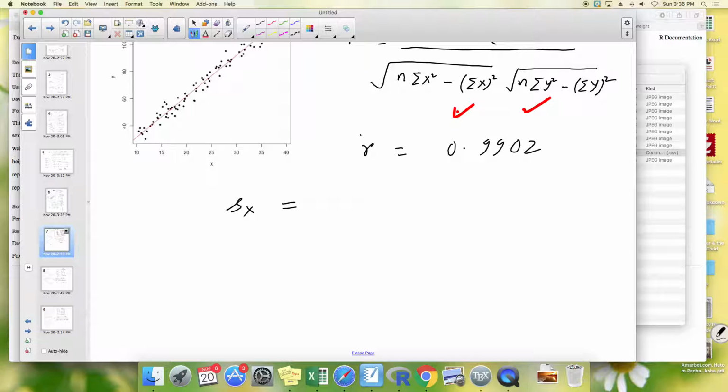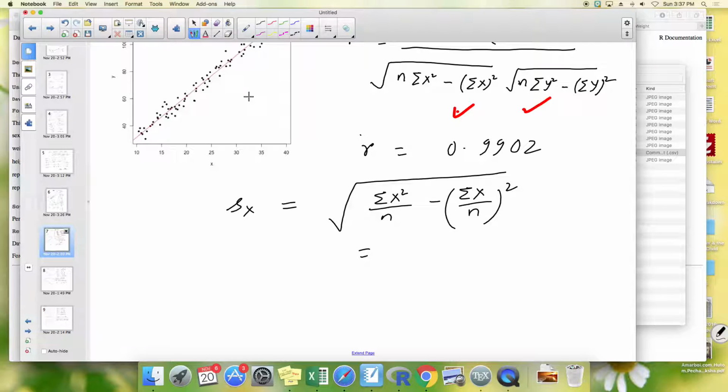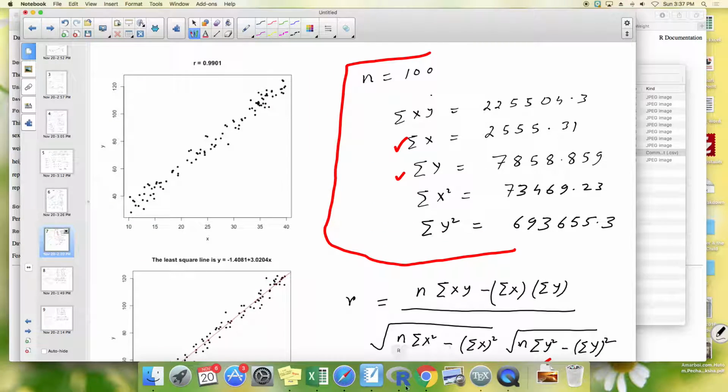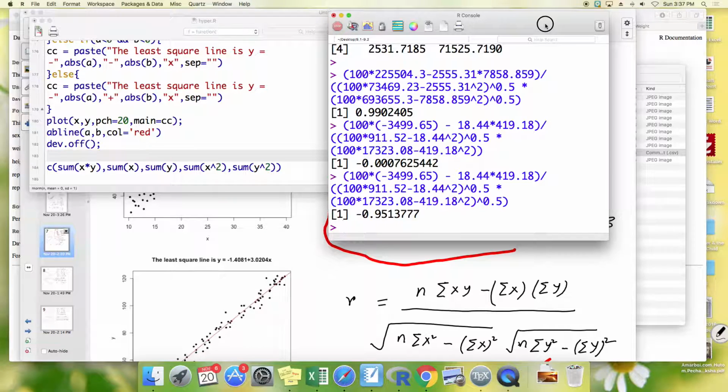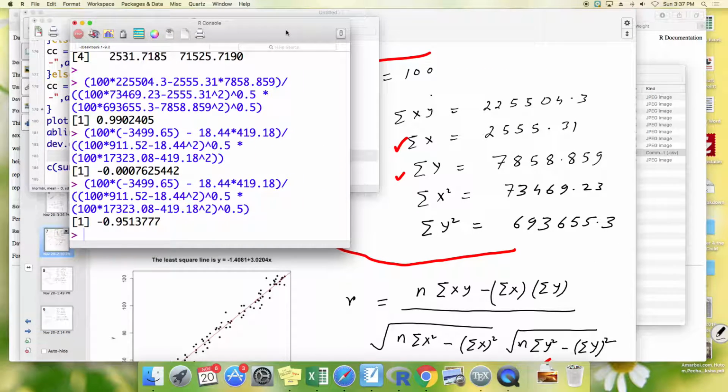So sx equals the square root of summation x square by n minus summation x by n, whole square. Let me do this now. I'm putting everything in a bracket.